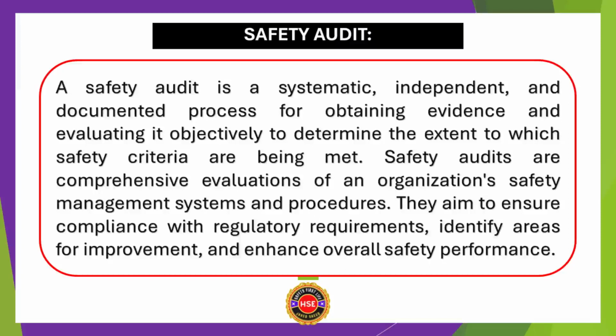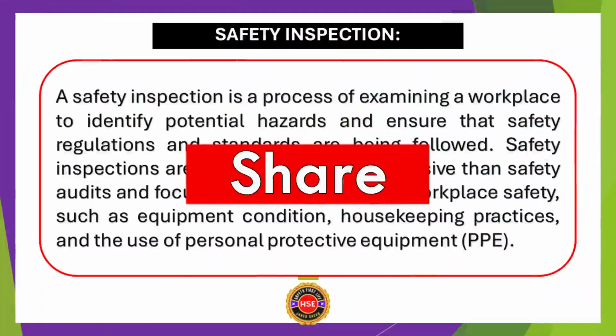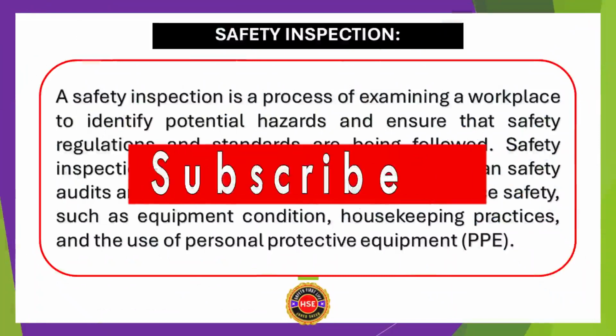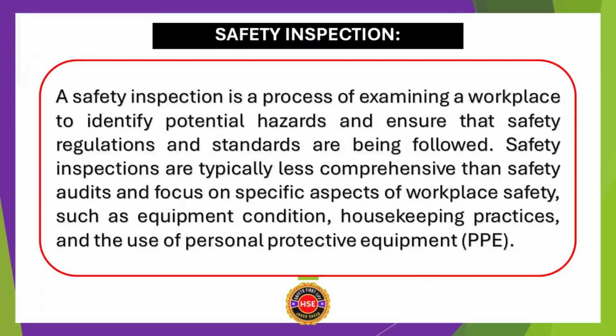Now, let us understand how to define site safety inspection. A safety inspection is a process of examining a workplace to identify potential hazards and ensure that safety regulations and standards are being followed.